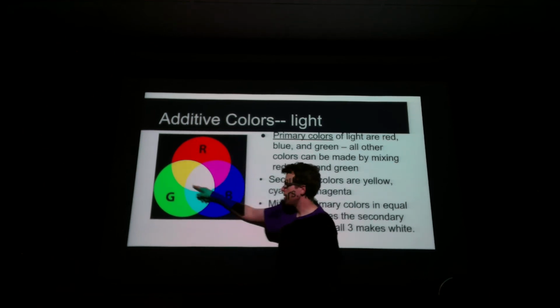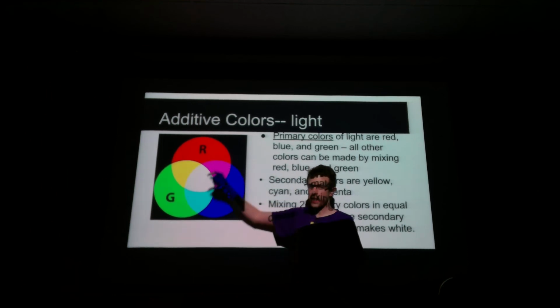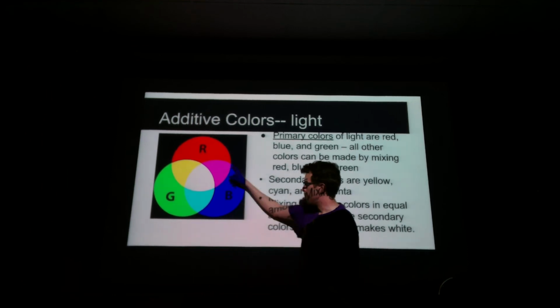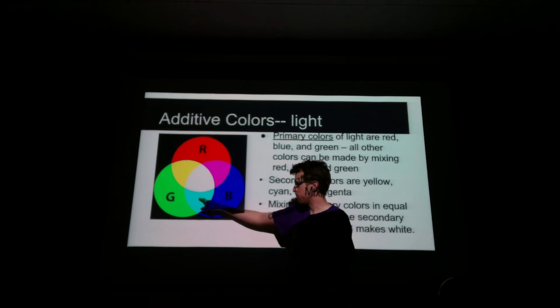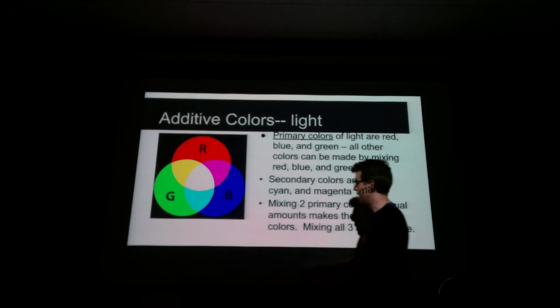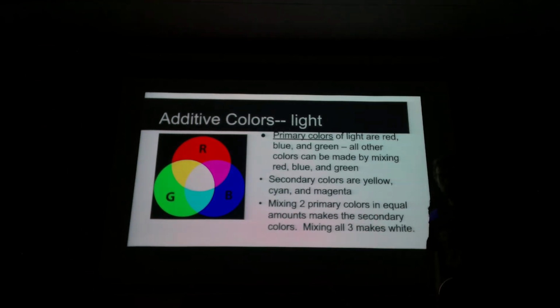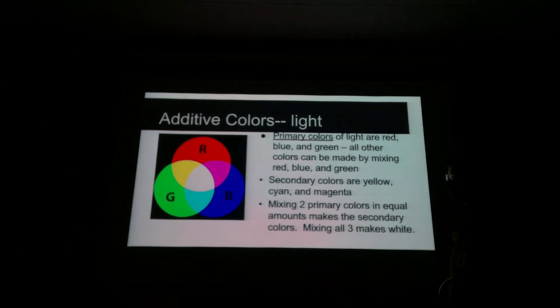So red here, where that overlaps with blue, this color is magenta. Blue here, where it overlaps with green, is cyan, C-Y-A-N, that's up here too. Where green and red overlap, we've got yellow. And where all three of them overlap, we've got white.